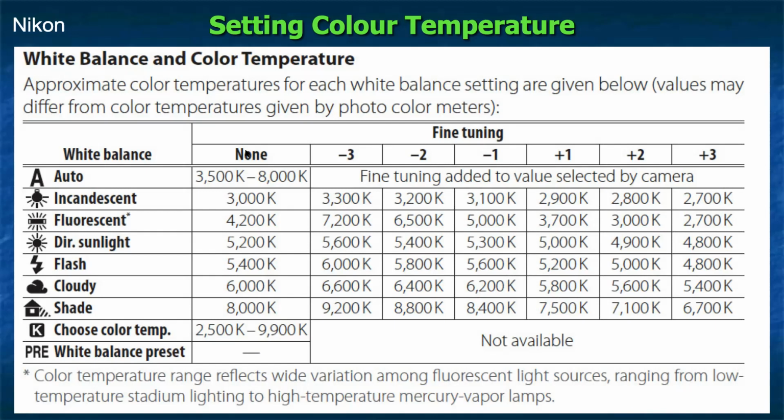Now, if you are not certain and you want to prove this, because I'm a guy who likes proof. I don't believe in what people just say. I've got to prove it myself. So if you want to prove it, it's very simple to do. Put your white balance to sunny.